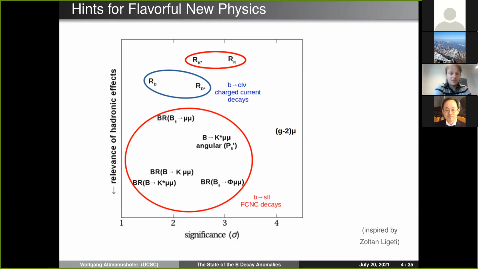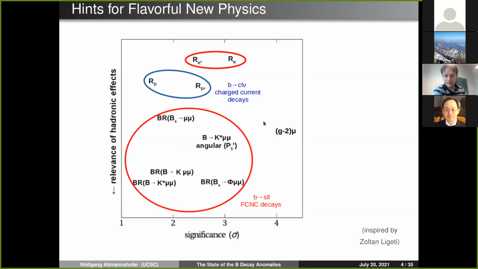They saw a discrepancy, and since then there have been additional measurements by Belle and also by LHCb, which don't see as large a discrepancy as BaBar, but overall there still seems to be individually a 2 to 3 sigma discrepancy also in those lepton flavor universality ratios. In this talk, I won't spend much time on these charged current anomalies. I will mainly focus on the b to s ll flavor changing neutral current decays.